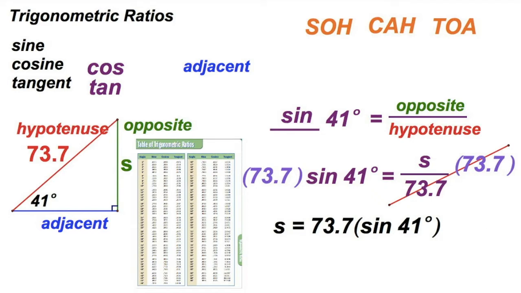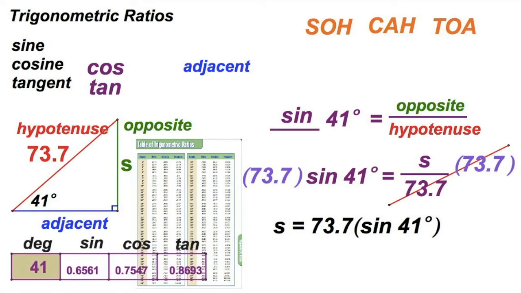I know you can't read that, so I'm going to zoom in on just what we need, the excerpt right there. For 41 degrees, we've got the sine, the cosine, and the tangent. We are going to be using the sine. The sine of 41 degrees, we'll just use that decimal.